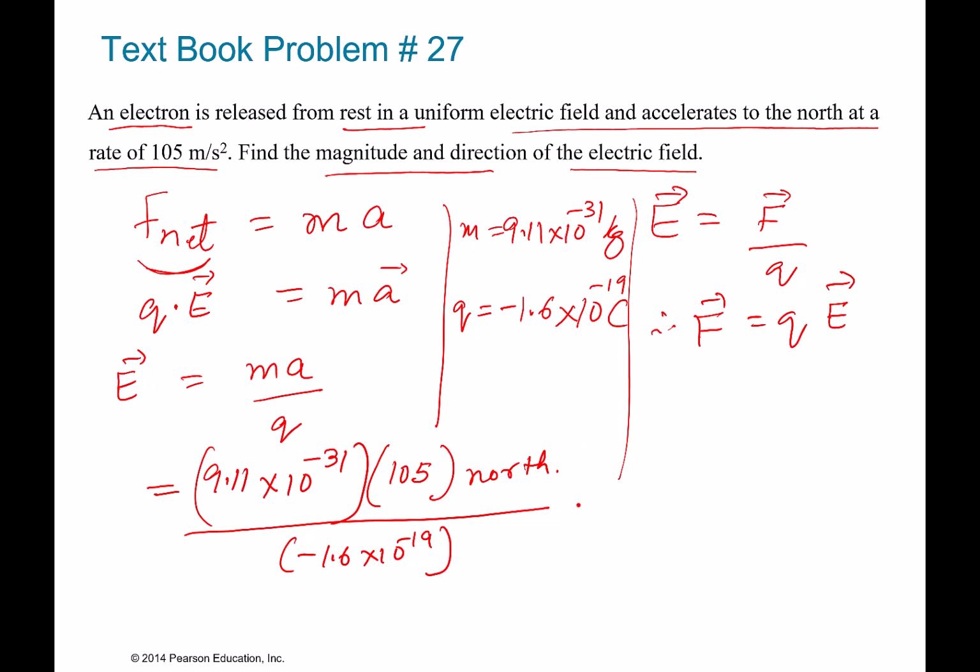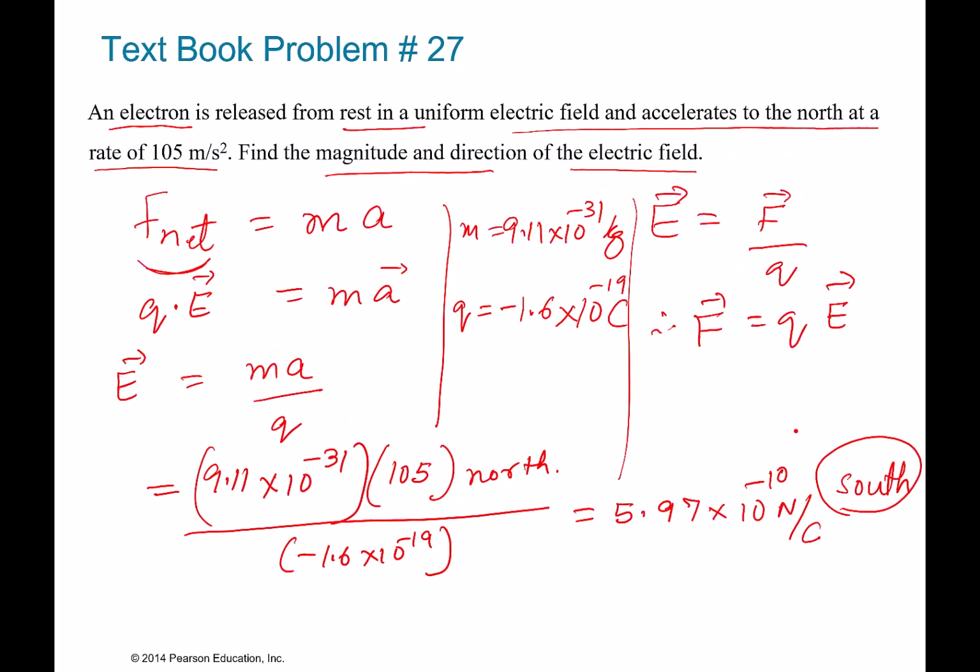The force is towards north, but this is a negative charge, so you can understand the electric field found in this scenario has a magnitude of 5.97 × 10^-10, if you're doing the math correctly, newtons per coulomb southwards, because if it's a negative charge, the electric field works in a direction opposite to that of the force.